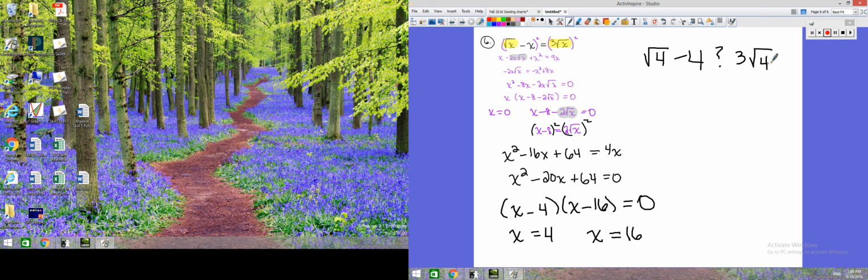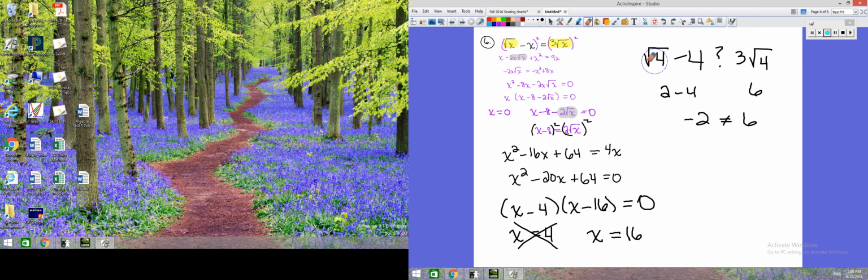Well, on the right-hand side, we have 3 times 2, which is 6. But over here, 2 minus 4, we've got a negative 2. Those are not equal to each other. This is an extraneous solution. It does not satisfy my original equation. It satisfies one of the other equations, especially this last one here, where we got rid of that radical.